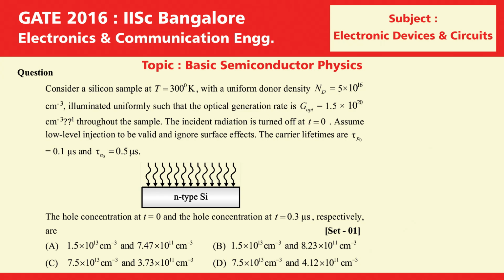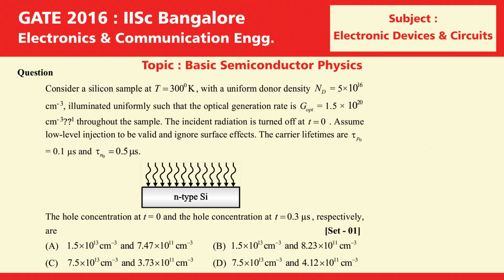We have to find out the hole concentration at T equal to 0 and the hole concentration at T equal to 0.3 microsecond respectively. There are 4 options. Option A is 1.5 into 10 to the power 13 per centimeter cube and 7.47 into 10 to the power 11 per centimeter cube.